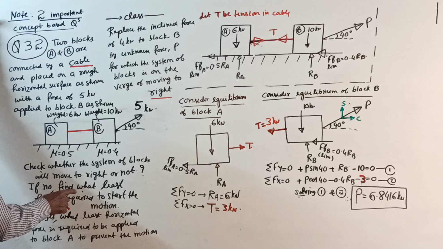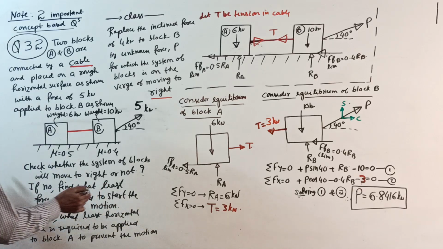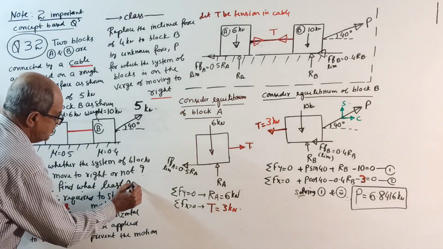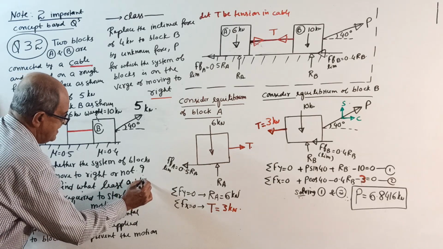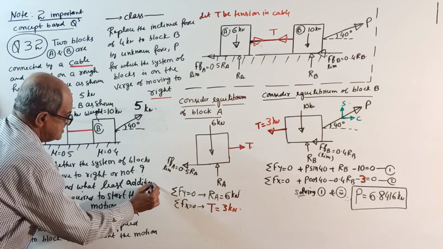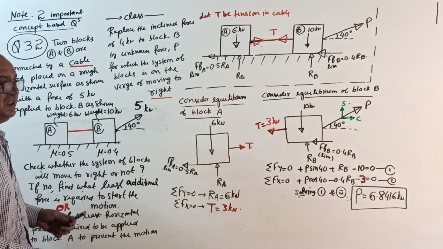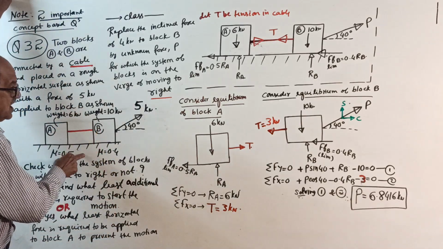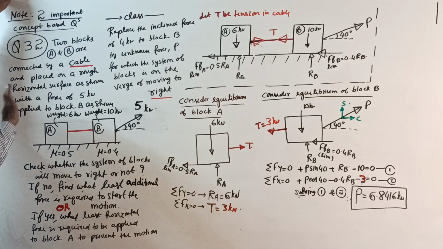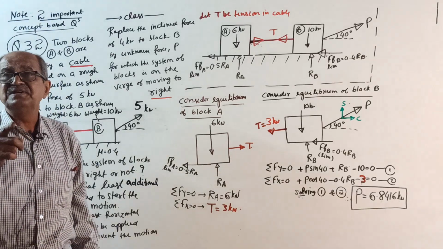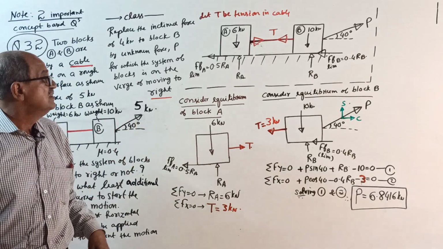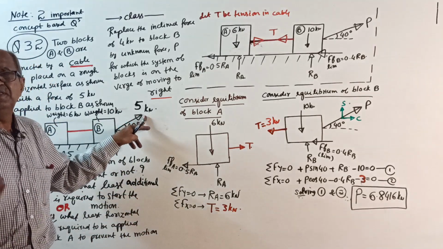What is the least, I'll put here now, additional force. Okay, that is much better to understand. Least additional force is required to start the motion. That means when they asked you to check whether the system will move or not, in case your answer is no, it will not move, then they want to increase the force. See, natural.